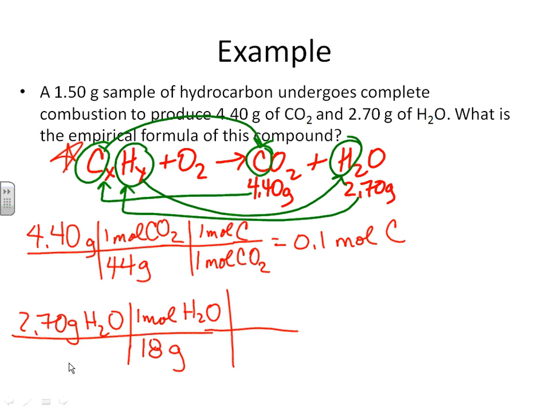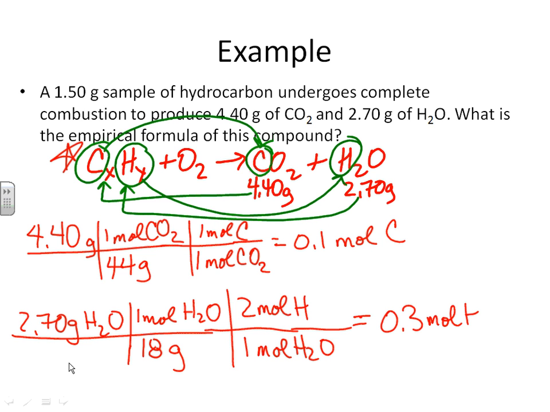So we've got the moles of carbon, we need the moles of hydrogen. So we're going to say for every 1 mole of water, there are 2 moles of hydrogen. And then we can do this math out. 2.7 divided by 18 and then multiplied by 2 gives us 0.3 moles of hydrogen.